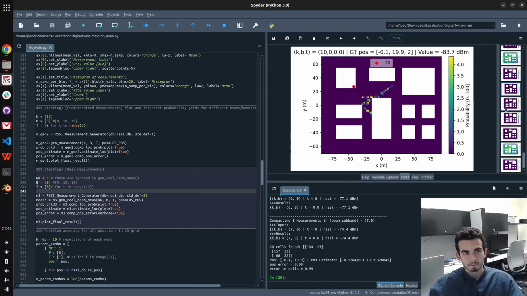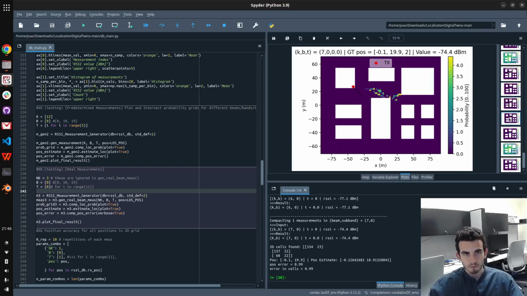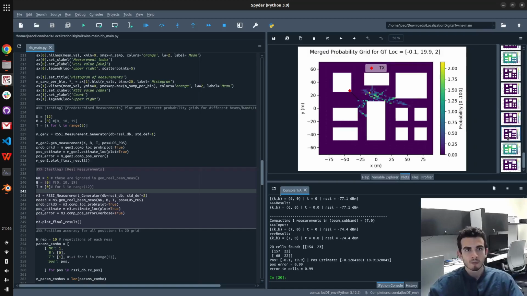And these were the 3 beams recorded. This one is the strongest. And when we accumulate the grids, we obtain this one. And essentially, when we compute the maximum, because we do some clustering as well, essentially we get the beams there in the center.